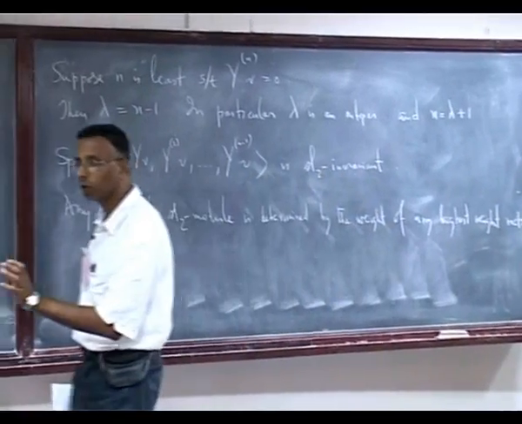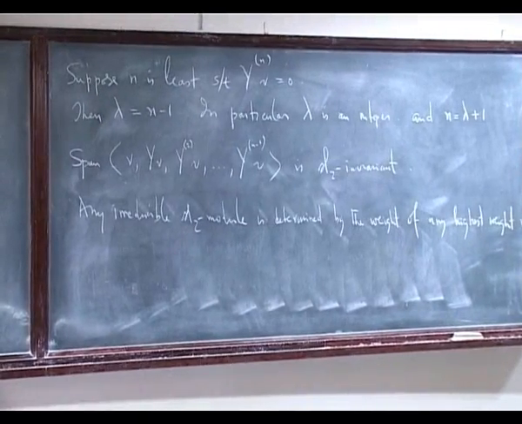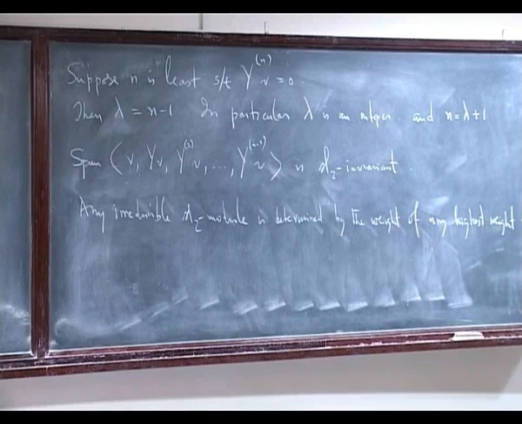So if you have an irreducible SL2 module, if it has a highest weight, the weight must be an integer, and if it is 10, then if you have two modules which give you highest weight vectors with weight 10, they must be isomorphic.